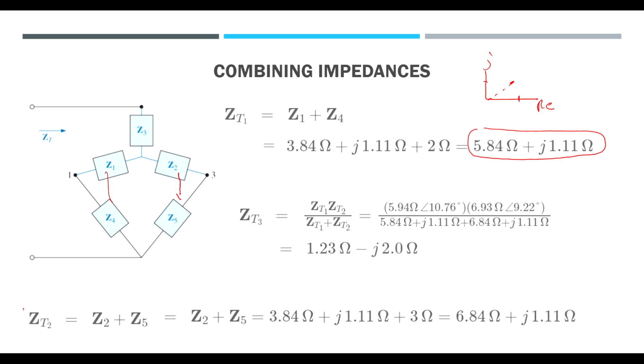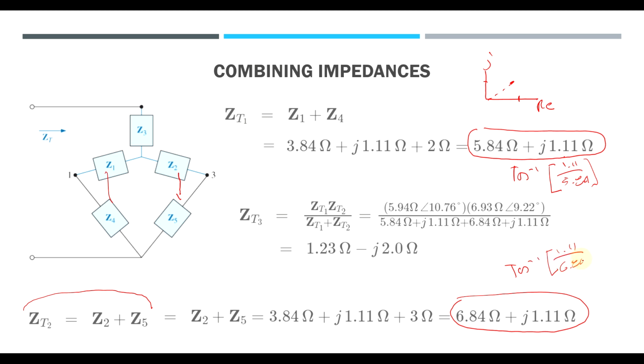Oh, sorry, this is the first we have to do. We have 2 and 5 in series. So once you do 2 and 5, it is basically this right here, 6.84 real and 1.11 imaginary. So there's going to definitely be a similar phase shift. Well, we have to compute. You know how to compute this. It is going to be tangent inverse of 1.11 over 5.84, and this is tangent inverse of 1.11 over 6.84. So they're not exactly the same, but they're pretty close.